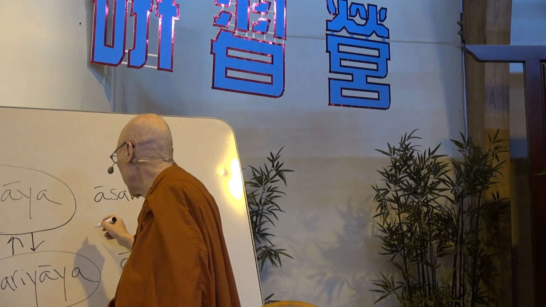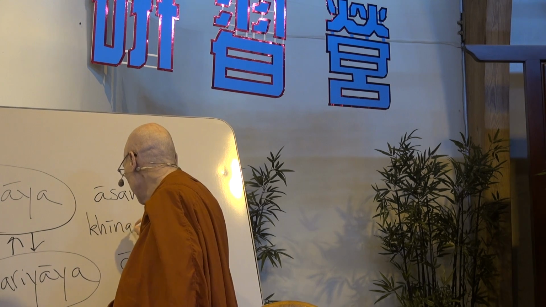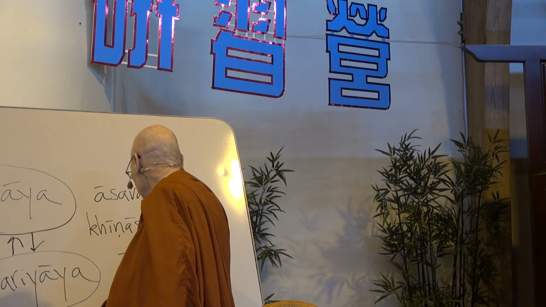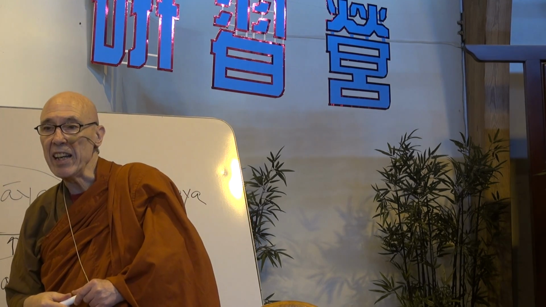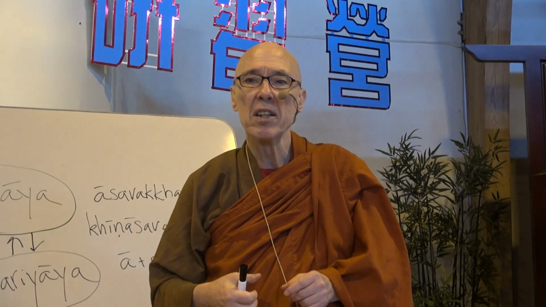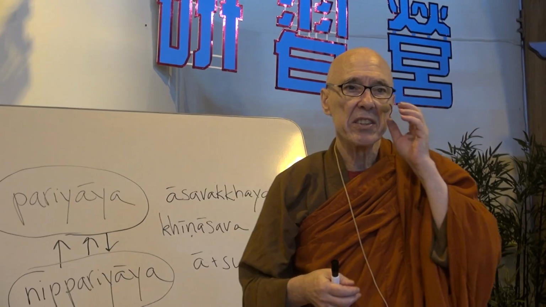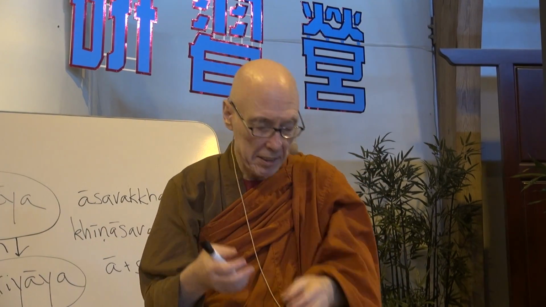And one who has reached the destruction of the asavas, that is, an arahat, is described as khina asava, one whose asavas have been destroyed or eliminated. So the ultimate goal of Buddha's practice is to liberate the mind from these three or four asavas.